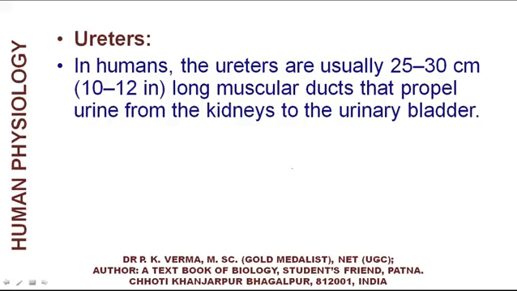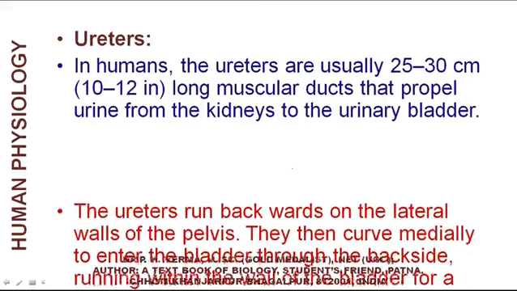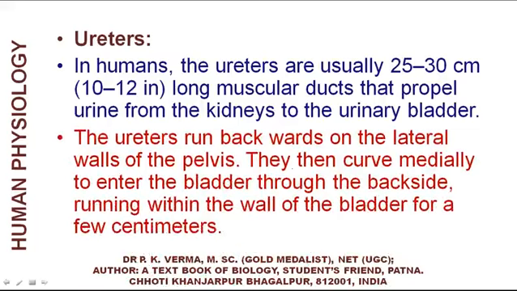These are muscular ducts that propel urine from the kidney to the urinary bladder. The ureters run back on the lateral walls of the pelvis. They then curve medially to enter the bladder through the backside, running within the wall of the bladder for a few centimeters.